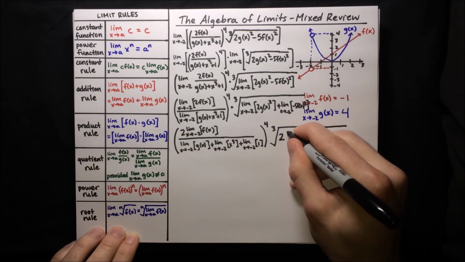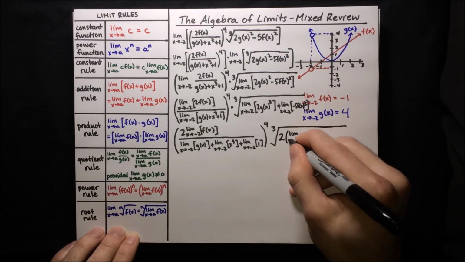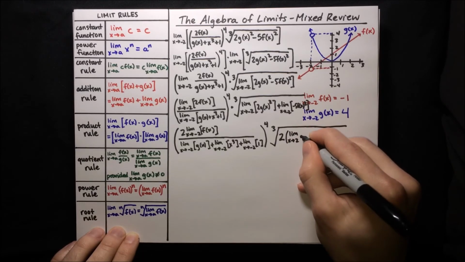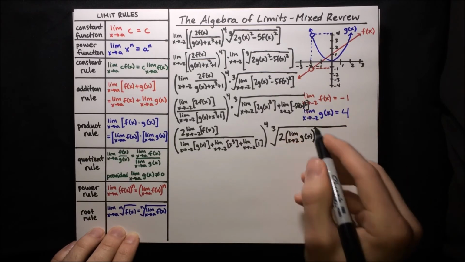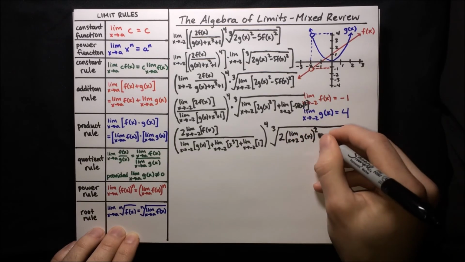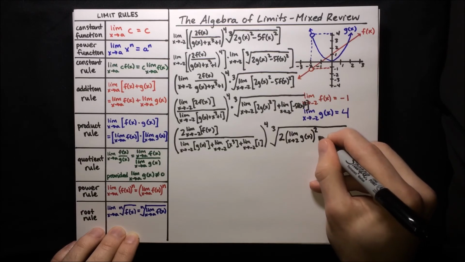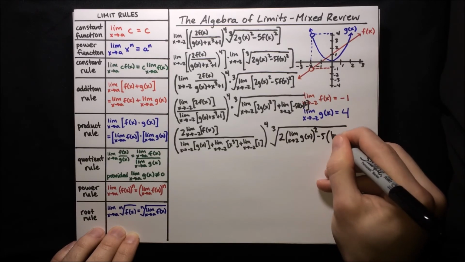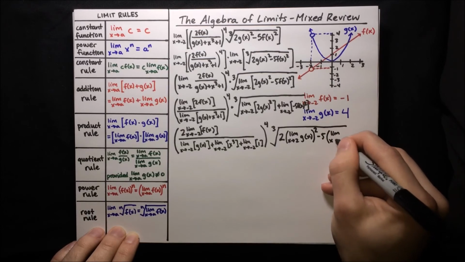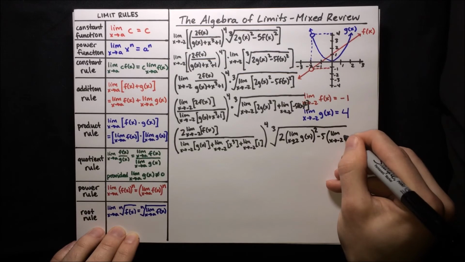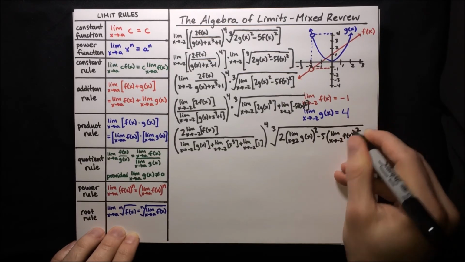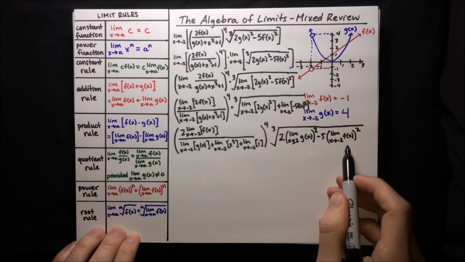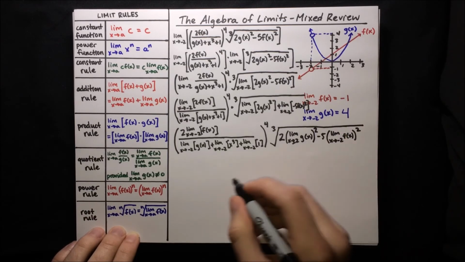So we can just write it as 2 times the limit as x approaches -2 of g of x, and square that. And same idea with this minus 5 f of x squared. So that becomes minus 5 times the limit as x approaches, forgot the negative there, so x approaches -2 of f of x squared.